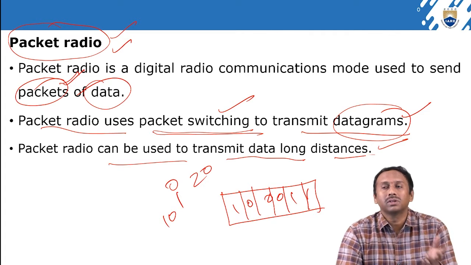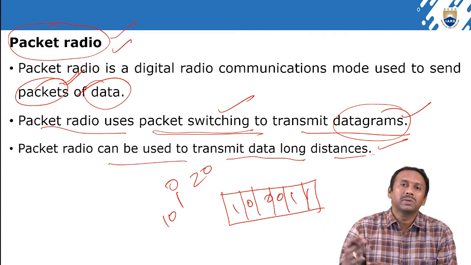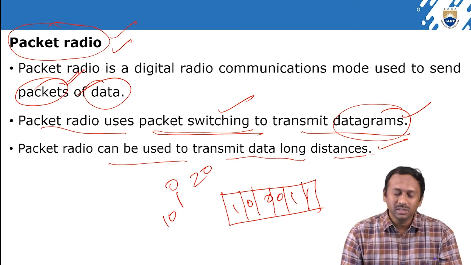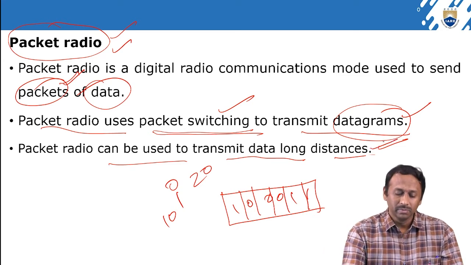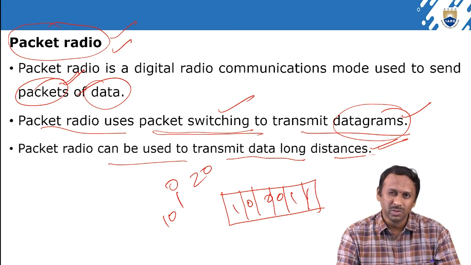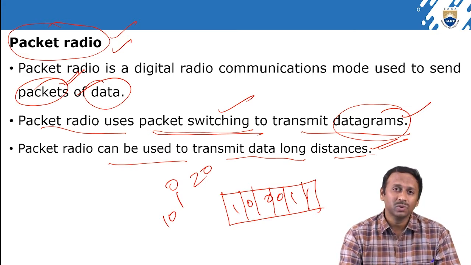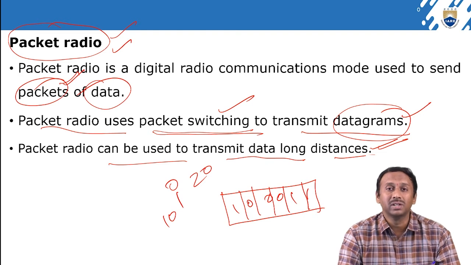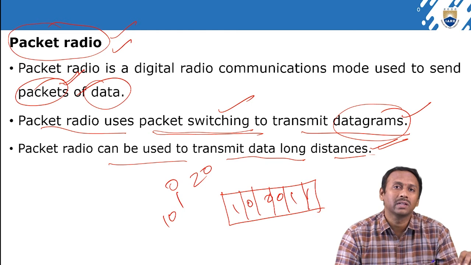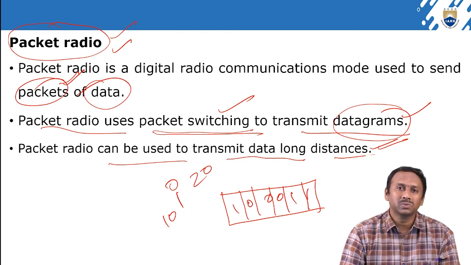Suppose you are here and your friend, the recipient, is very far away. In such long distances, packet radio is useful, because the basics we already know: radio signal strength, how far it goes, and how fast it is transmitted in the air. Isn't it?